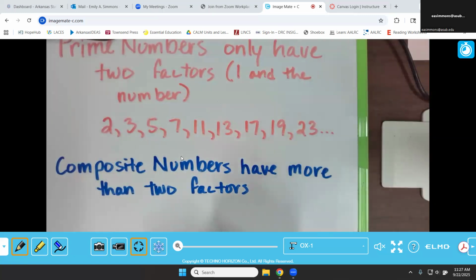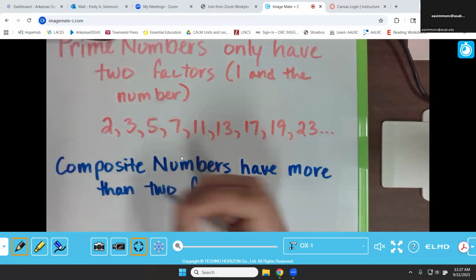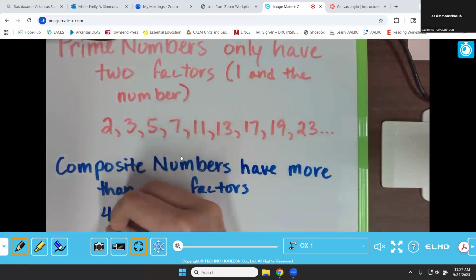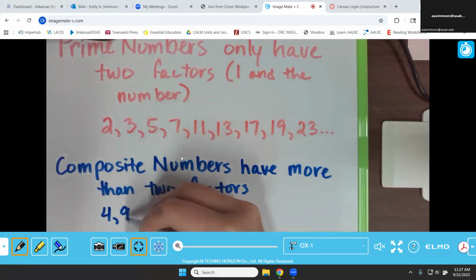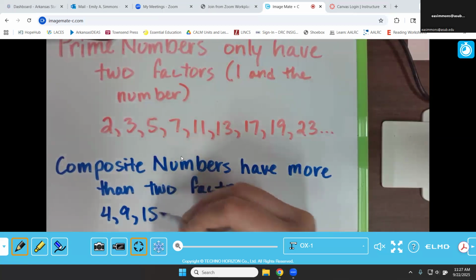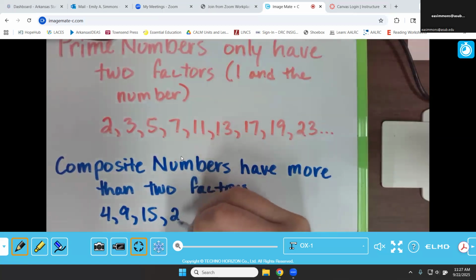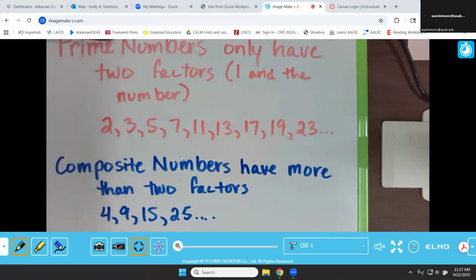So our composite numbers are numbers like 4, 9, 15, 25. And there's so many. I'm just listing them at random. But they all have more than 2 factors.